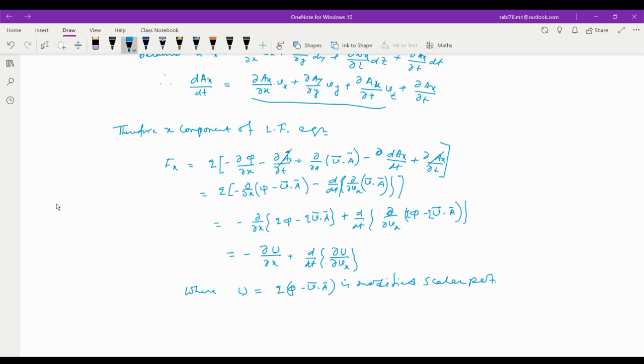But this is a scalar potential. Force is derivable from a scalar potential, but there is a time dependent part d/dt because this potential is velocity dependent. So there is a term v dot A. So this is velocity dependent. Now any function which is velocity dependent is something different, right?